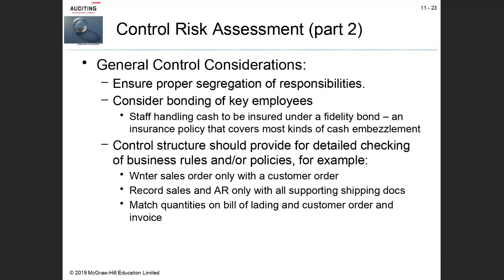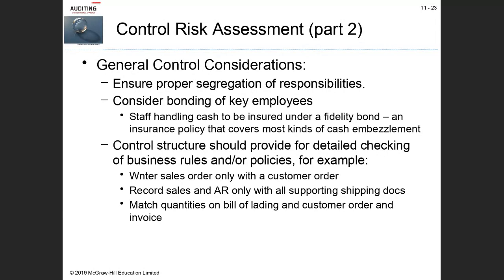Now, when the auditors complete their internal control risk assessment, the types of controls they look at are two types. First, auditors address what's called general controls. If you look at page 458 in the text, you'll see a list of and reference to general controls. General controls are controls that exist in the accounting system for all cycles.